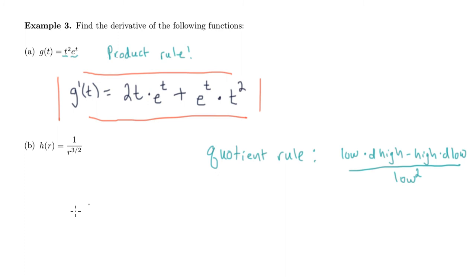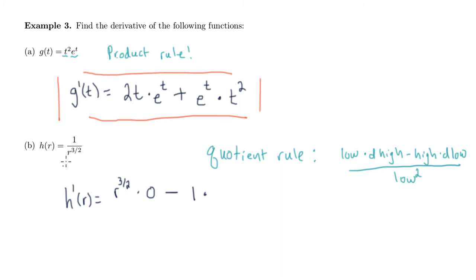So it looks like h prime of r should be, okay, low, that's r to the 3 halves, times d high. Well, the derivative of the numerator is the derivative of 1. That's a constant, so the derivative is 0. And then minus high, so 1, times d low.